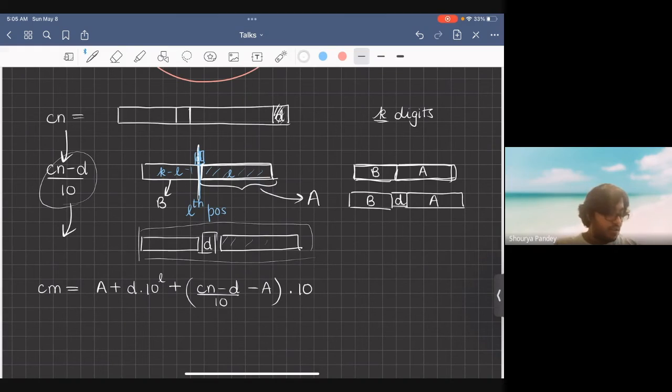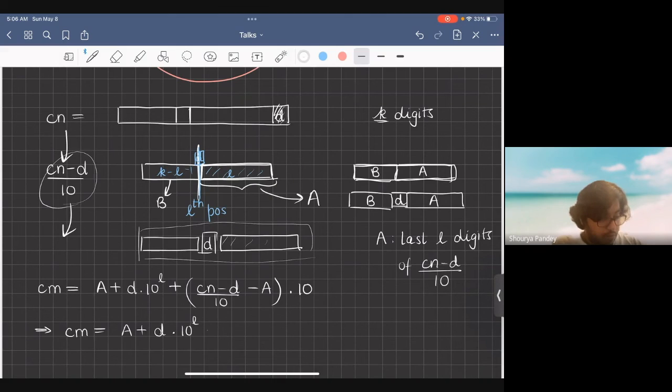Is this clear? I just want to make sure this is clear with everybody. Here, A is the last L digits of (Cn minus d) over 10. And so what does this simplify to? Cm is A plus d times 10 to the L plus Cn minus d minus 10A, which is equal to d times 10 to the L minus 1 plus Cn.